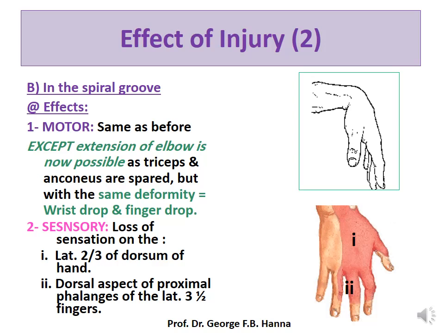These are normal. They are not affected. So the sensory loss will be in the lateral 2/3 of the dorsum of the hand, number two, and the dorsal aspect of the proximal phalanges of the lateral 3.5 fingers, which are indicated on the lower diagram on the right side of your screen.